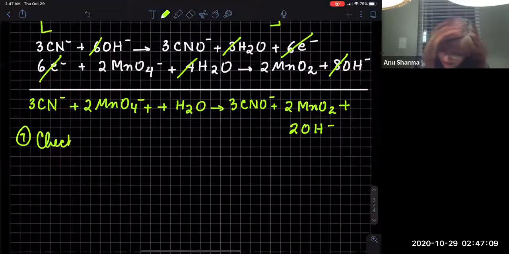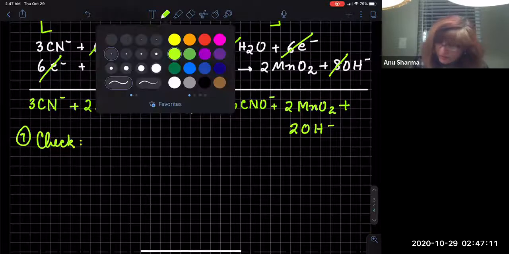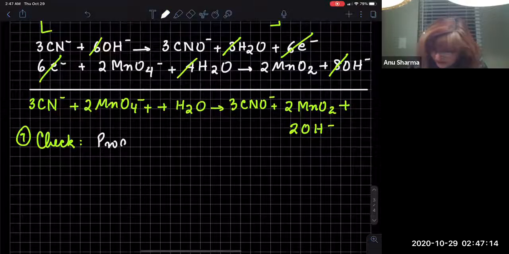The check is going to be the reactants versus the products.